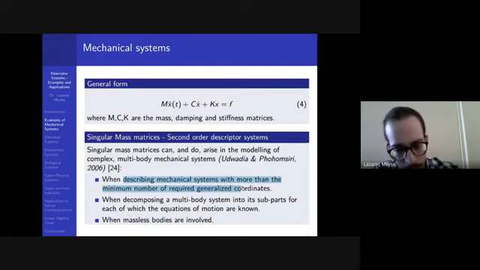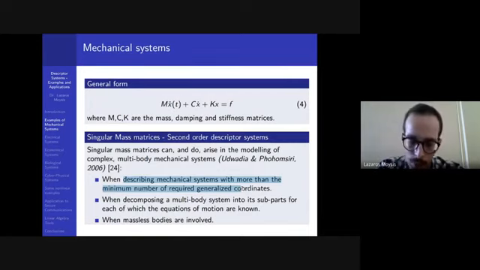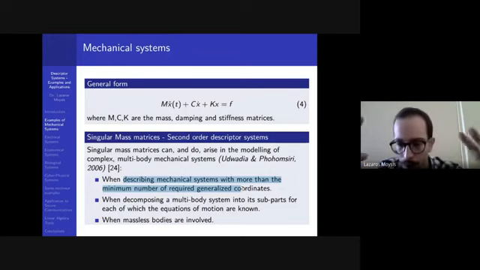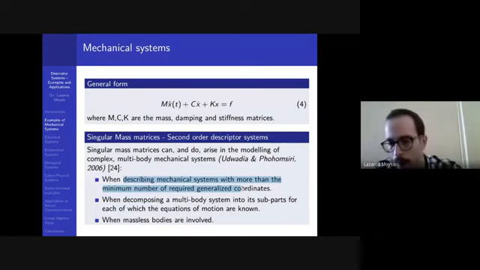I will explain that in the next slide. So, in some cases, it may be easier to derive the equations if you initially try to model the system independently, instead of trying to create a combined coordinate system that includes all the masses. And in this case, the matrix M may be non-invertible. So we have a descriptor system.